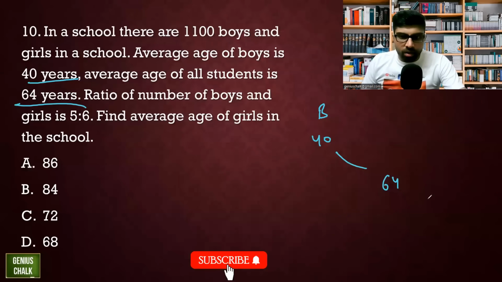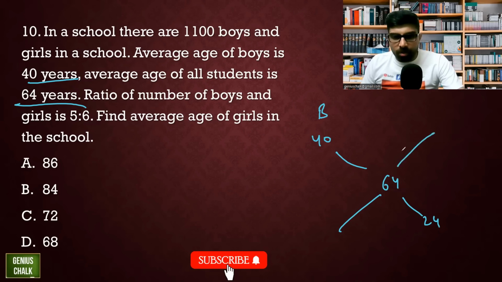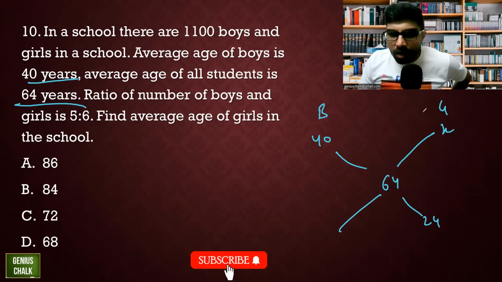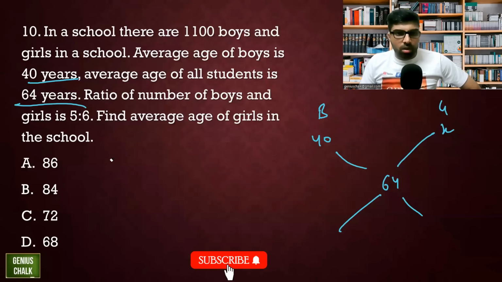So let's write it. 40, 64, it is coming out to be 5:6. Boys is 40, all students 64. This I guess we need to find, and the ratio is also given as 5:6. Find the average age of girls.